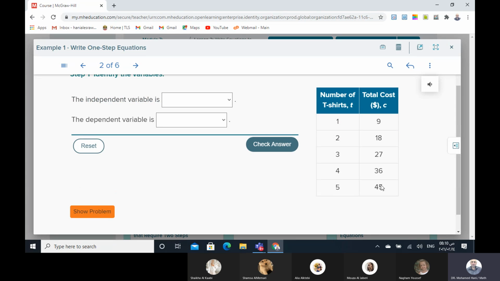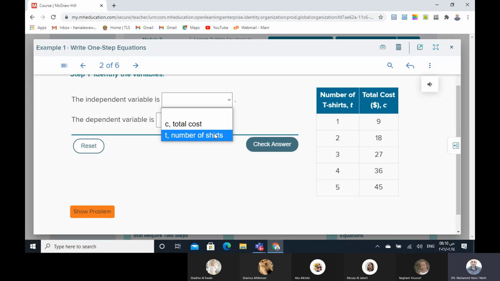So in this table, the independent variable, is it T or C? Who can tell me? The independent variable, is it T or C? Is it T?